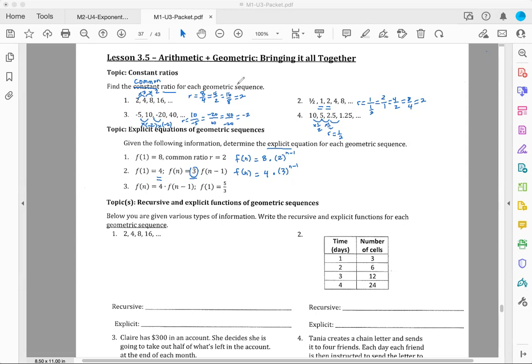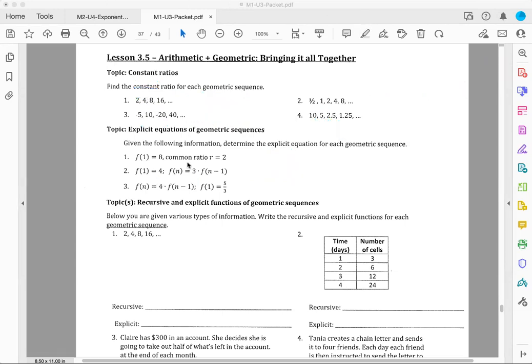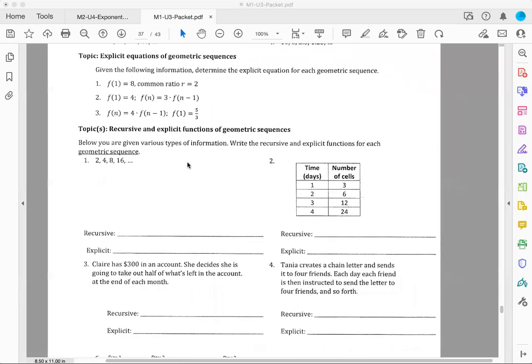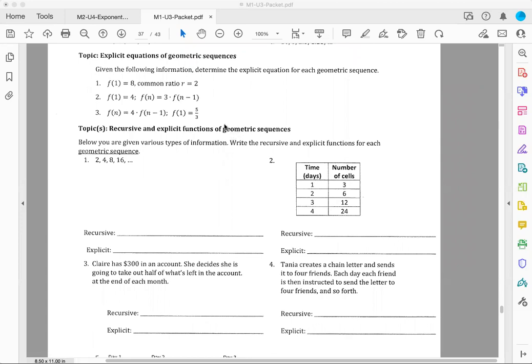when I'm in class, we'll talk about the answer for 3 if you need that information. Now, moving on to the next part, it says, below you are given various types of information. Write the recursive and explicit functions for each geometric.